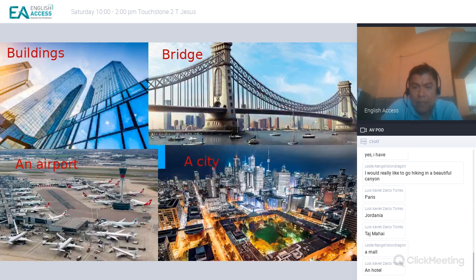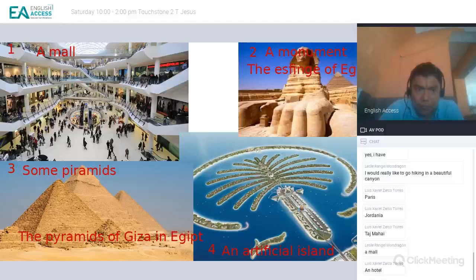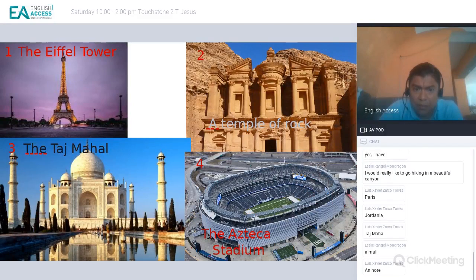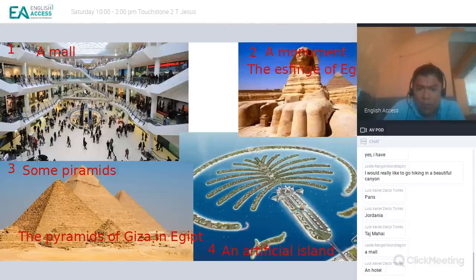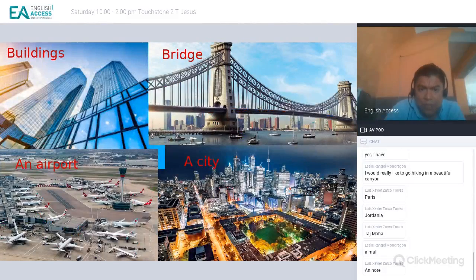Oh, we're finished. So what I'm showing you with this is all of these are made by man. And that term is man-made. Yes, all of these are man-made. Man built it. The Eiffel Tower, the Taj Mahal, the Temple of Rock, the stadium, the mall, the monuments, the pyramids, the artificial island, the buildings, the bridge, the airport, and the city are all man-made.